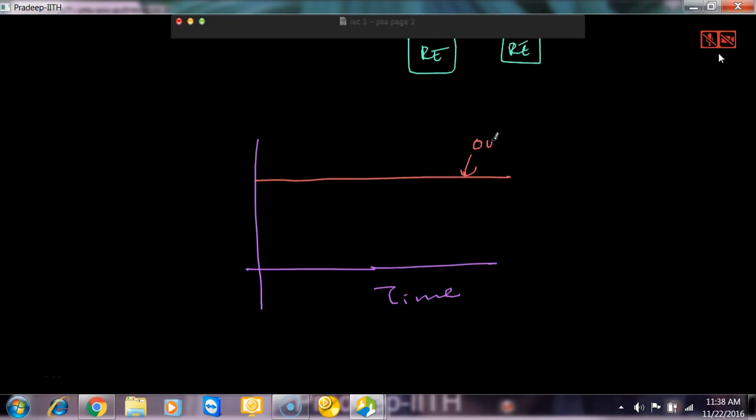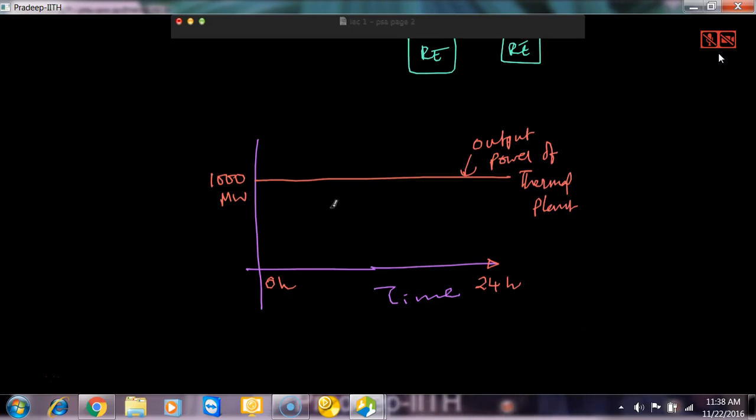This is the output power of a thermal plant. So you can actually control how much you want to generate. Let's say you are generating about 1000 megawatts. You can maintain this constant throughout the day. Let's say this is 24 hours, 0 hours to 24 hours. You are able to maintain the power of a thermal plant.